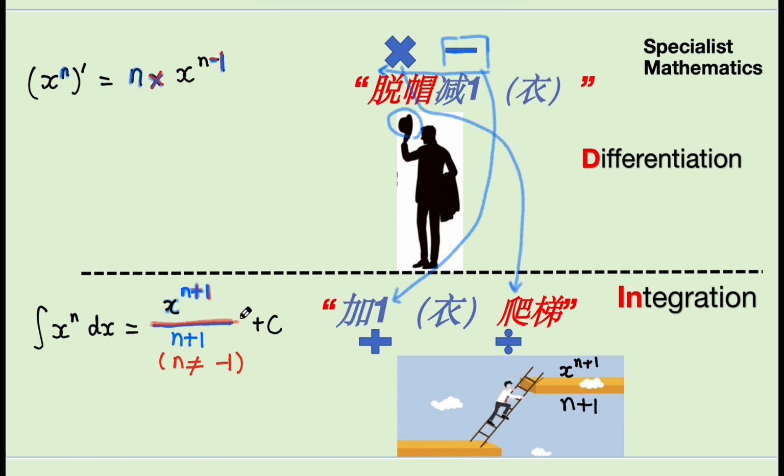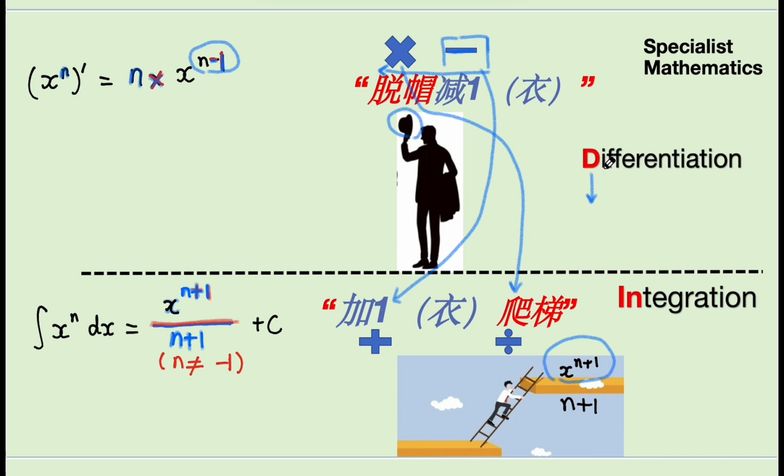Using the fraction line, it's like the ladder. x to the power n plus 1 goes to the higher level, will become the numerator, and the denominator is n plus 1. Therefore, we can see for differentiation, the power of x has been decreased by 1 unit.